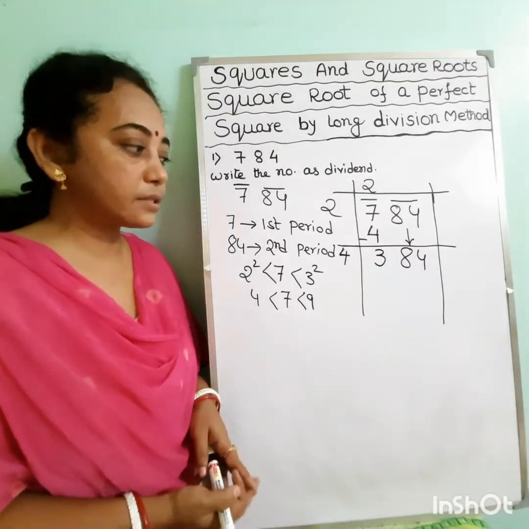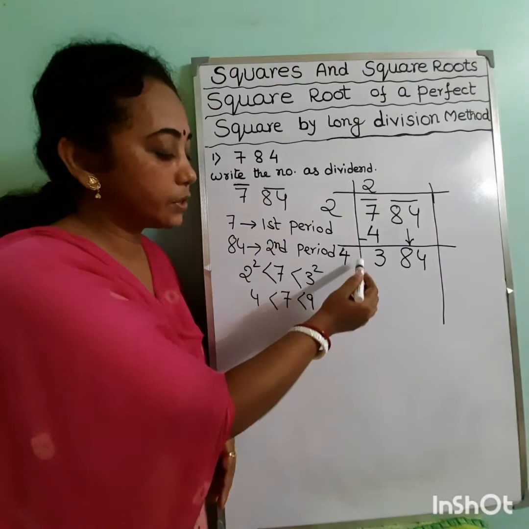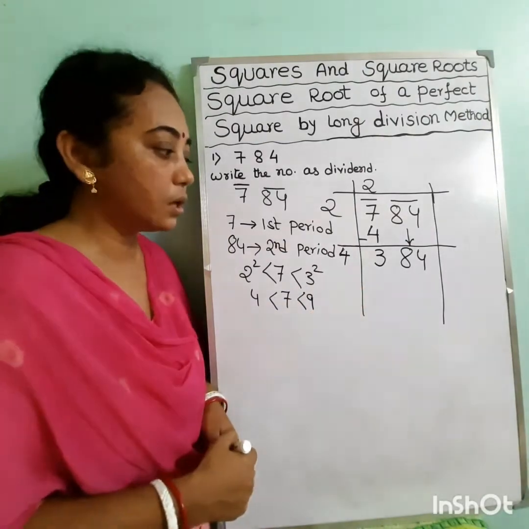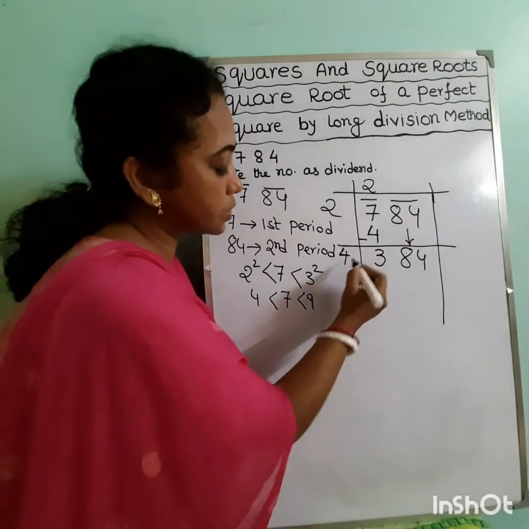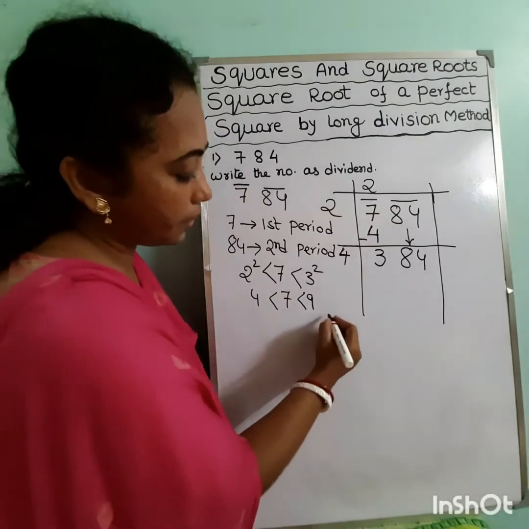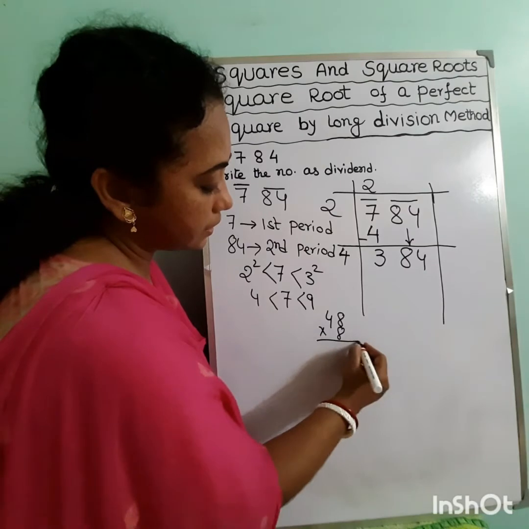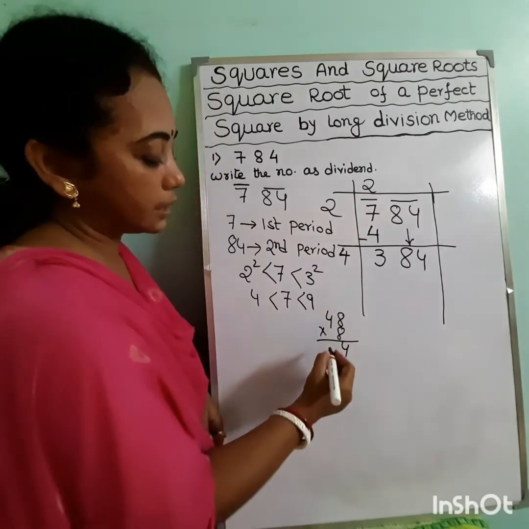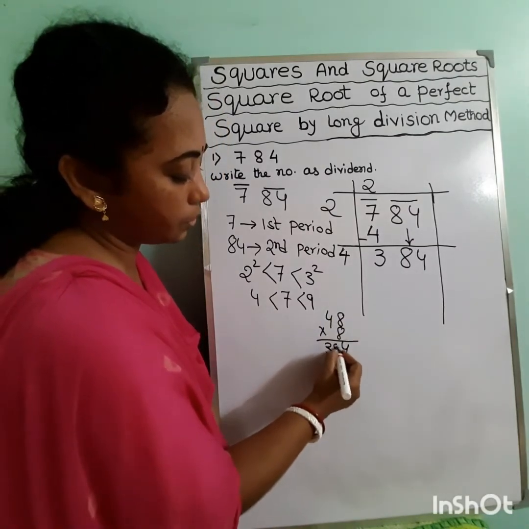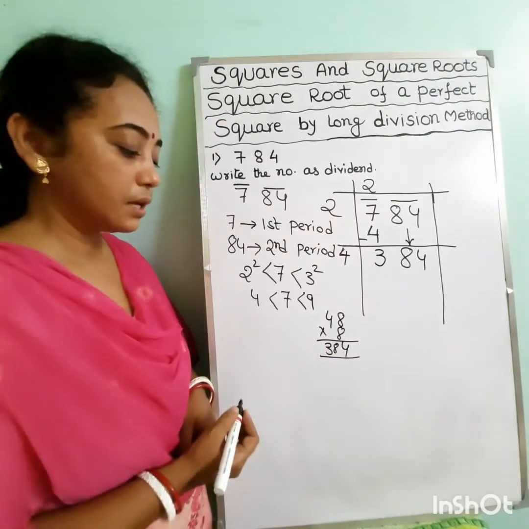In this case, if we write 2, the product becomes very small. So if we take 8, then what result are we getting? If you find the product of 48 multiplied by 8, it is coming 64, 6, 32 plus 6 means 384. So we are getting the product as 384.